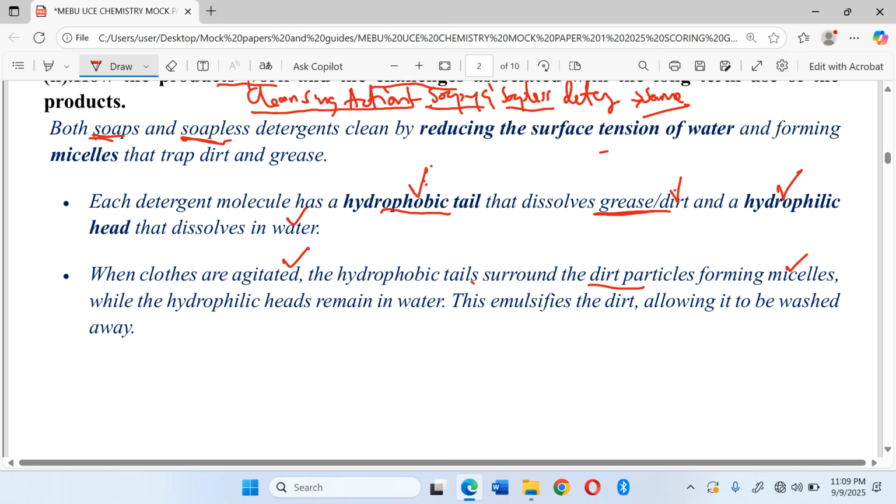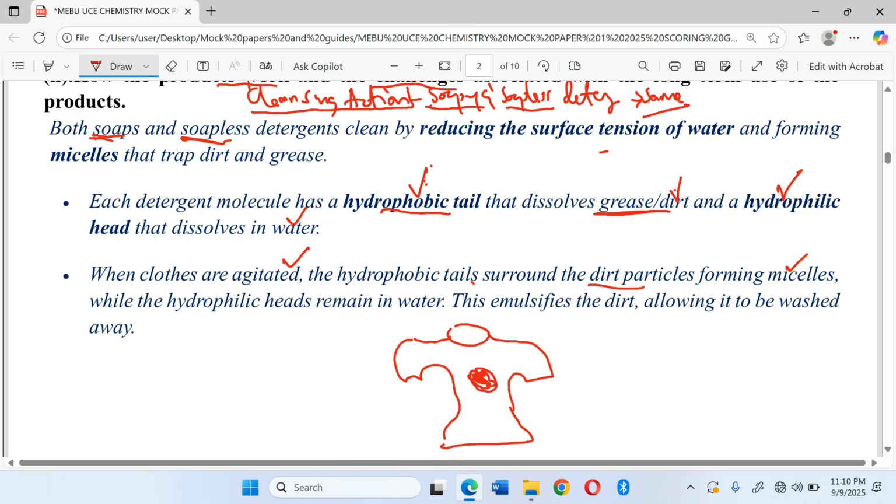So if this is our cloth, this is our dress, and we have a stain here, when you put this cloth in water and add your detergent, maybe bar soap or a soapless detergent, it reduces the surface tension and wets the cloth easily.